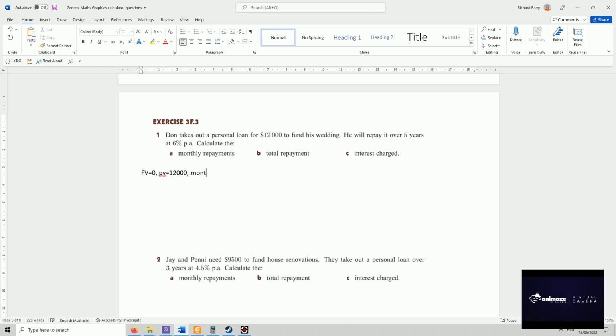Because it's monthly, P/Y equals C/Y equals 12. Cool. I equals 6%. Good. Here's the big one. How many times?